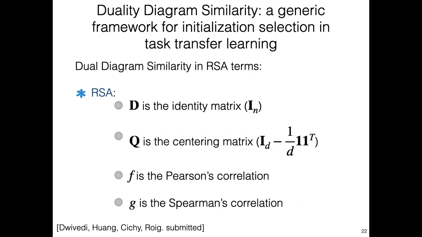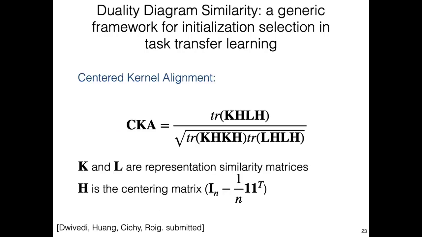So as I said before, this duality diagram similarity can be posed in RSA terms. RSA is a particular case of DDS. Here D is the identity matrix, Q is the centering matrix, F is the Pearson correlation, and G is the Spearman's correlation. We can also pose DDS as the centered kernel alignment. Here you can just see the equation of CKA for your reference.